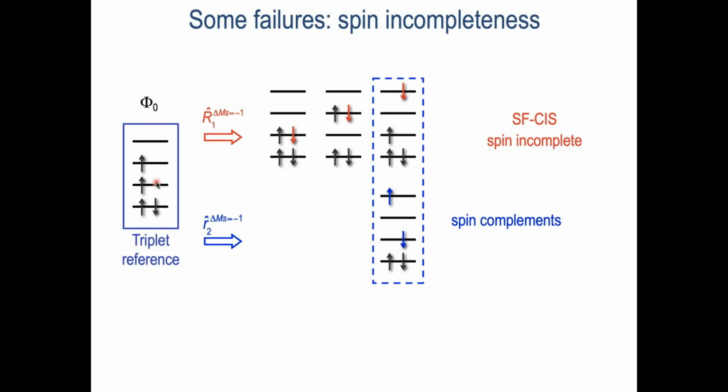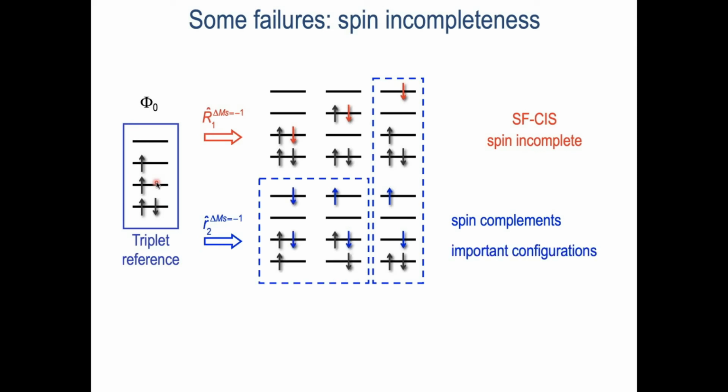Moreover, we can see that if we include single excitations with respect to the triplet, we are missing some configurations that might be important to describe low-lying states because they look like a single excitation with respect to the Hartree-Fock-like singlet.